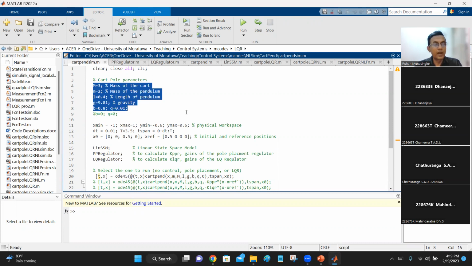Look at these parameters. This is the mass of the cart, mass of the pendulum, length of the pole, and acceleration of gravity, etc. And also the two friction coefficients for linear motion and angular motion. They are small, but you have to put that.